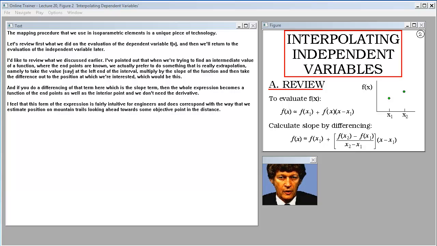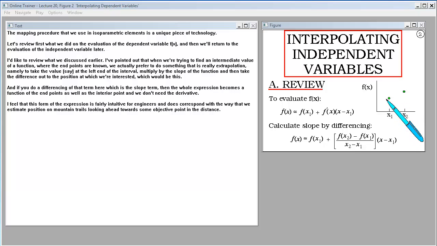Let's review first what we did on the evaluation of the dependent variable f of x, and then we'll return to the evaluation of the independent variable later. I'd like to review what we discussed earlier.